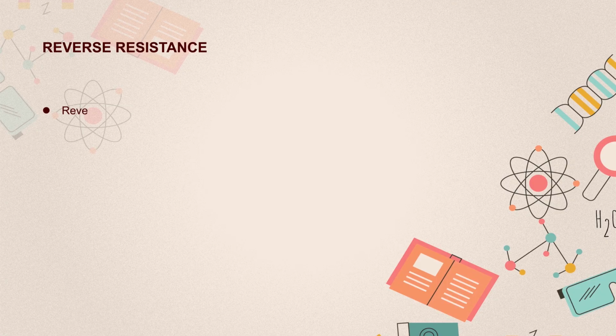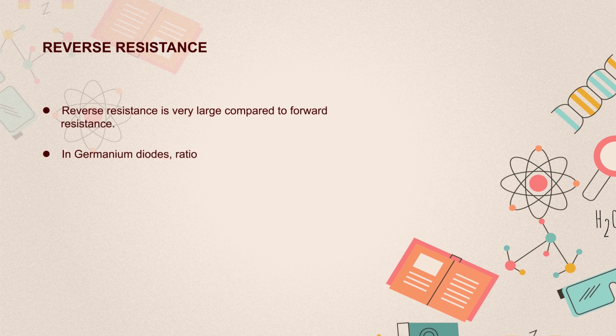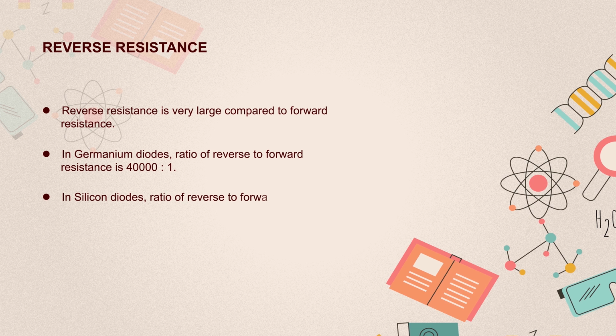So, the resistance will not remain infinite, we will get a certain amount of resistance in the reverse bias condition. So, the reverse resistance is very large compared to forward resistance. In germanium diodes, the ratio of reverse to forward resistance is 40,000 to 1, whereas in silicon diodes the ratio of reverse to forward resistance is 10 lakh to 1.